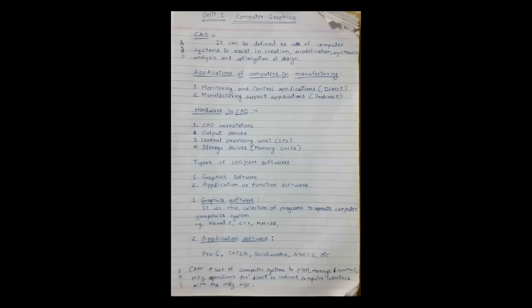What are the software we are using right now? Already you have studied the software Creo. There are many software included in CAD, like Creo, Inventor, Catia. These are all CAD software.